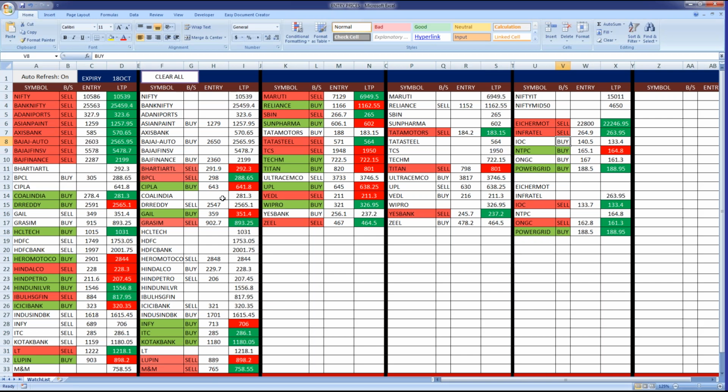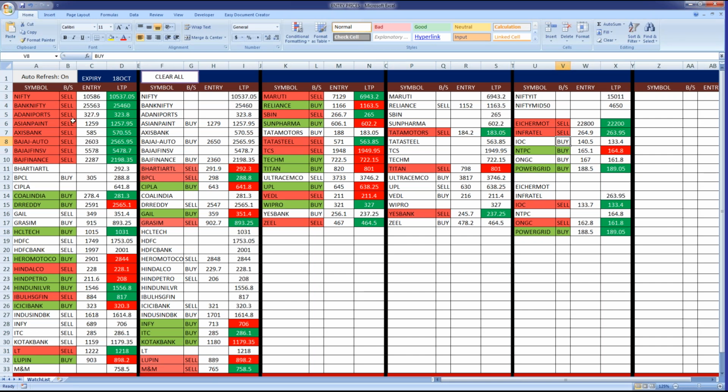The data is real-time data that is fed into your Excel sheet. I'll be sending you this Excel file with the entry prices, the buy and sell calls.